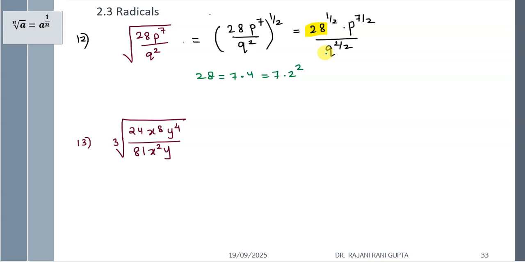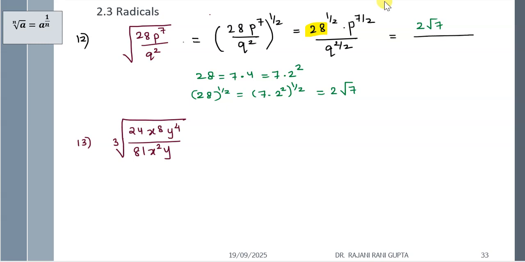So 28 power half is 7 times 2 power 2, power half, which gives you the power of 2 cancelled, and power half for 7. So you can write 2 root 7 for 28.